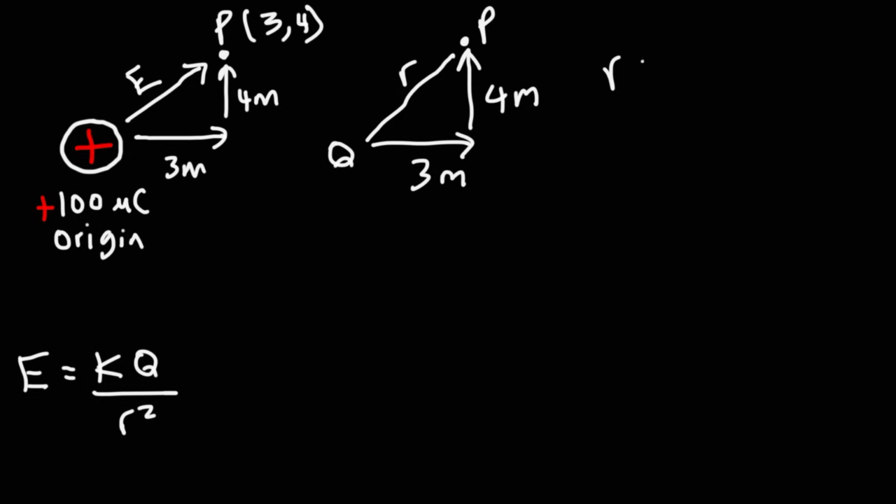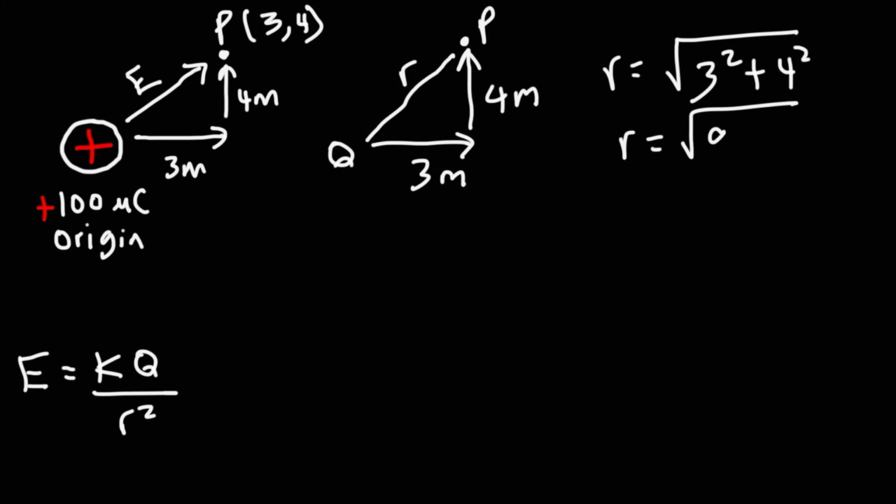So r is 5. Using the Pythagorean theorem, c, or in this case r, is the square root of a squared plus b squared, or the square root of 3 squared plus 4 squared. 3 squared is 9, 4 squared is 16, 9 plus 16 is 25, and the square root of 25 is 5. But if you know the 3, 4, 5 rule, you'll know that r is 5.